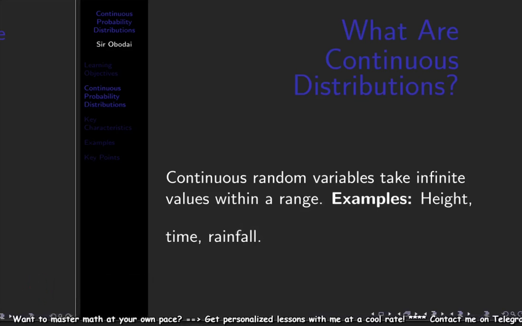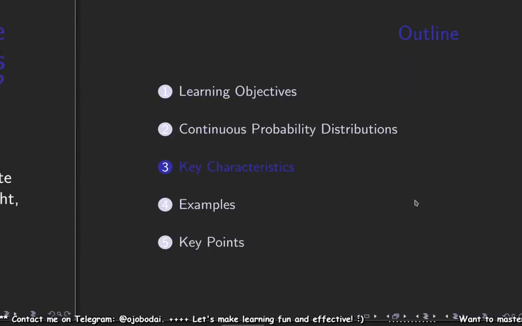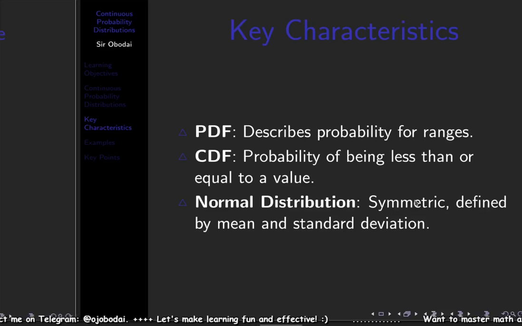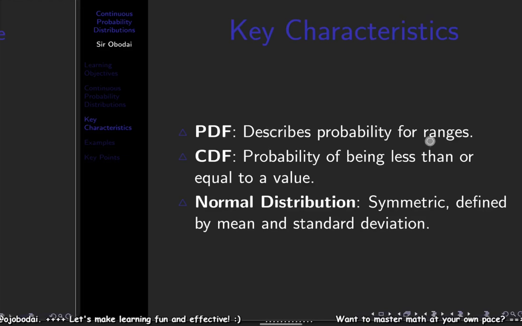All right. So let's look at some key characteristics of continuous distributions. The first one is the probability density function, PDF. It describes the probability for a range.